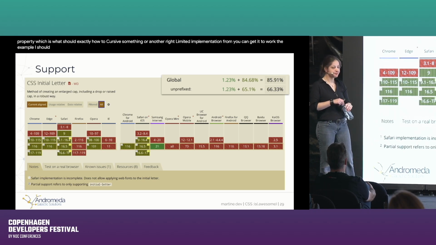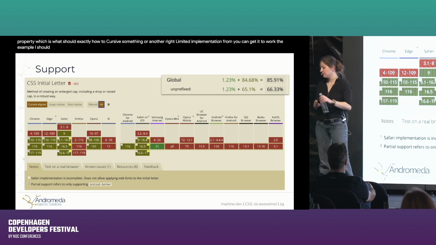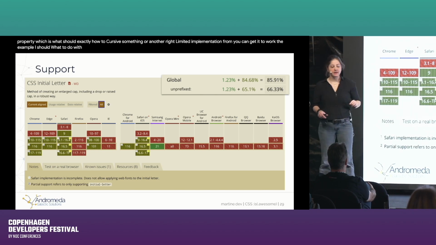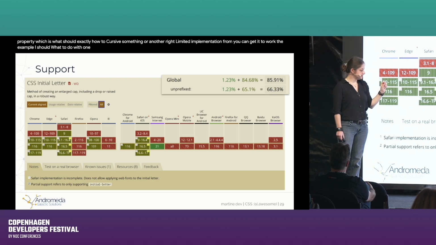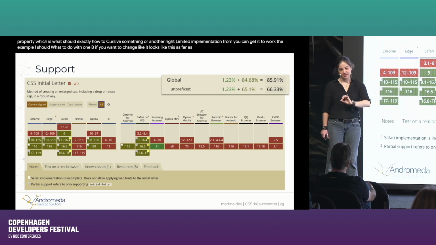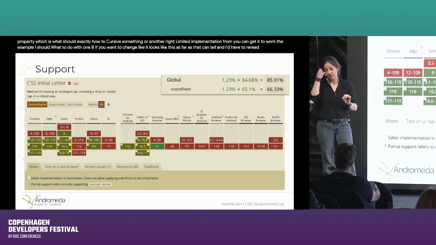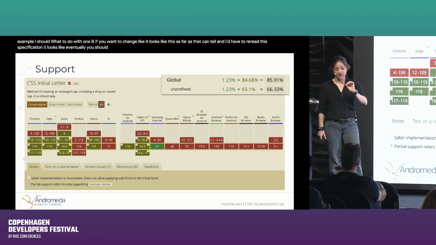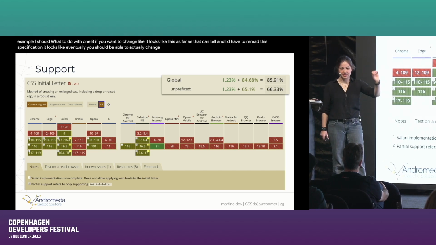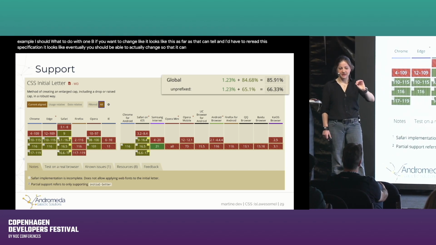So it has to do with, as far as I can tell, and I'd have to reread the specification, it looks like eventually you should be able to actually change the font as part of the whole thing.